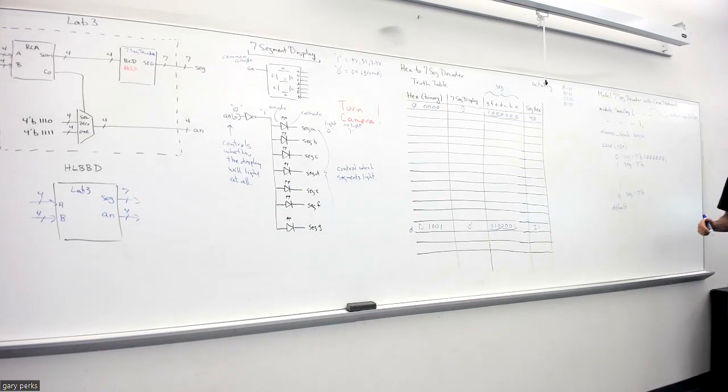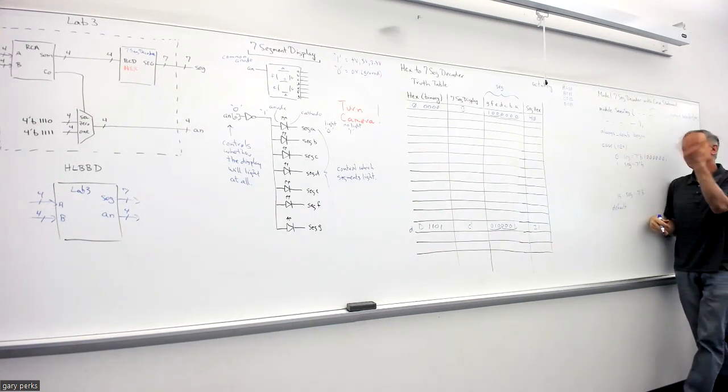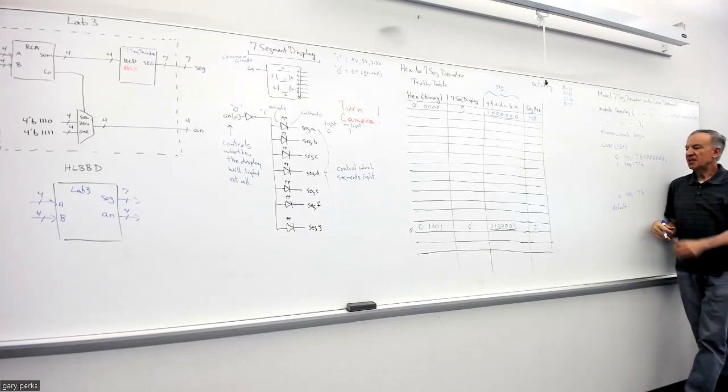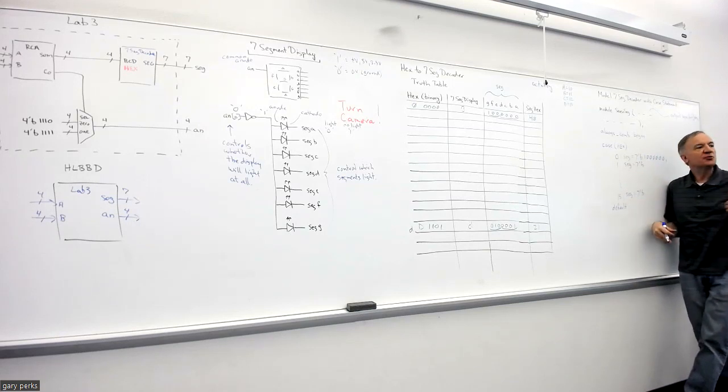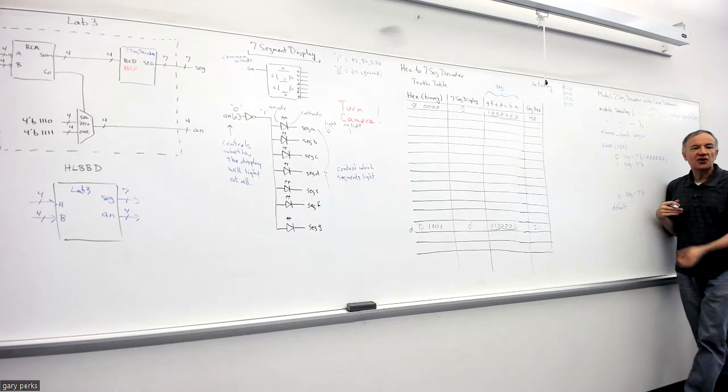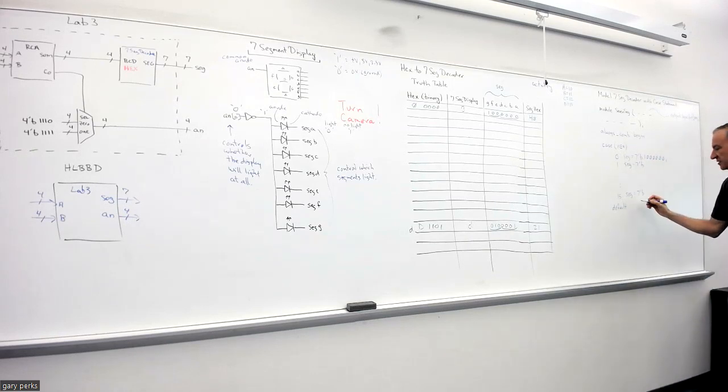Okay, the default is if something strange were to happen and it doesn't choose any of these options here, the default will prevent your design from getting into like an infinite loop. And you can make the default anything you want. You can assign seg whatever 7 bits you want.